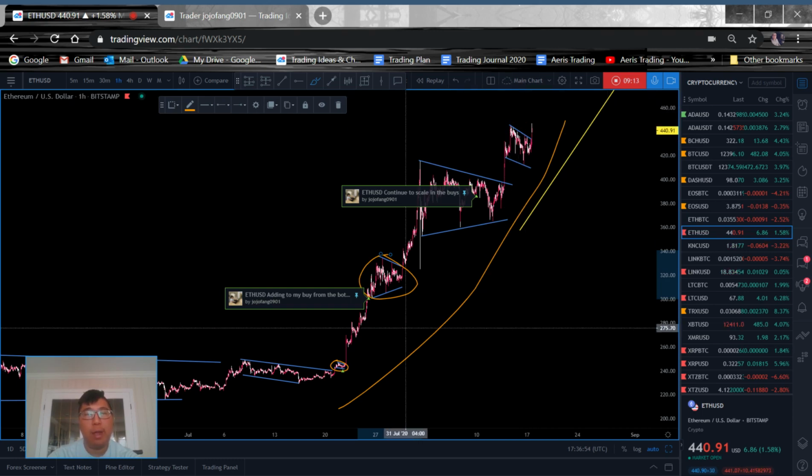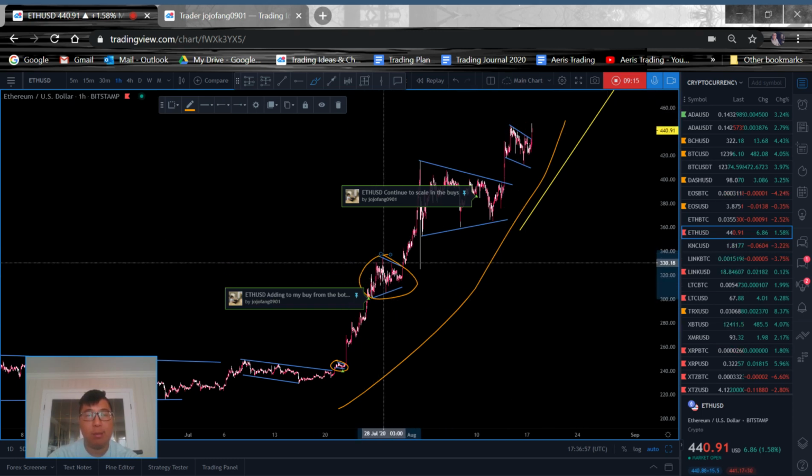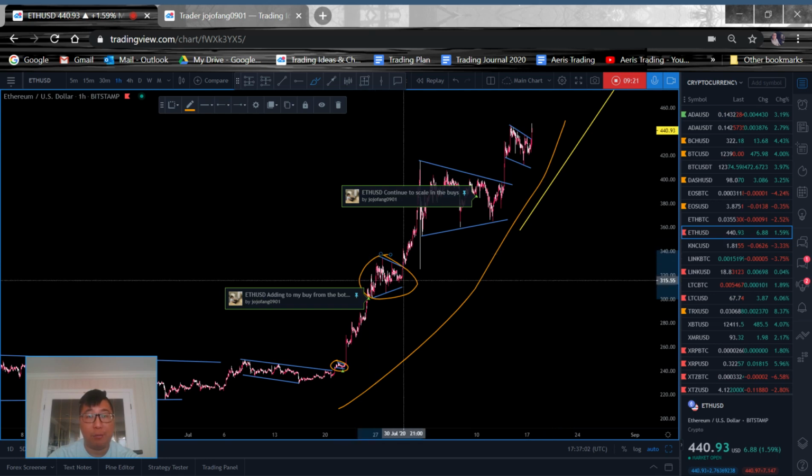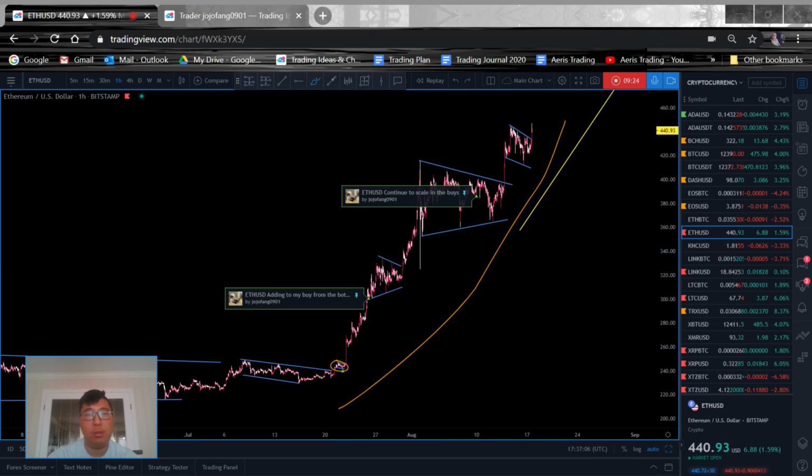And that is going to help you enter these higher probability setups, because there's a higher probability that the trade will go in its desired direction after the correction finishes. So that's how I see it.